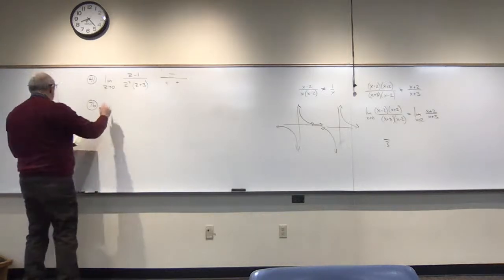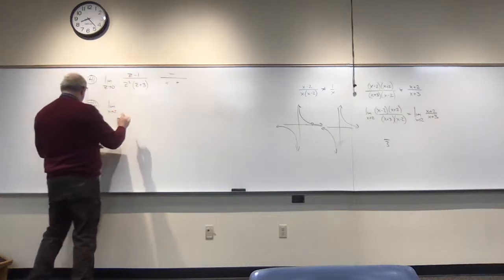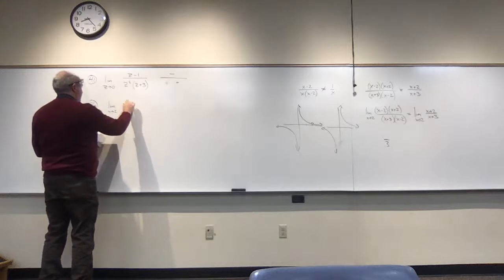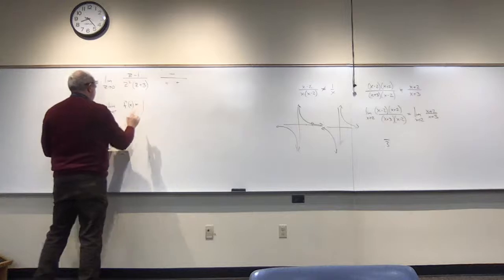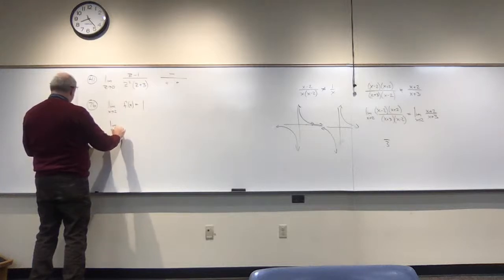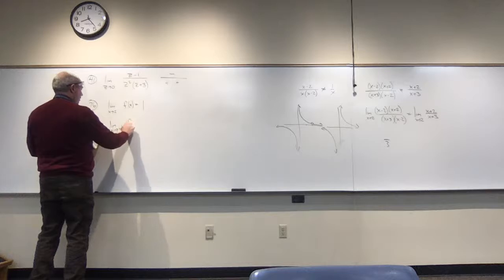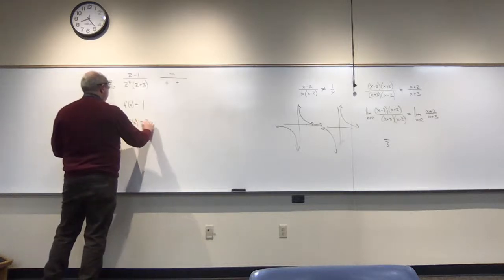So we've got the limit as x goes to 2 of f of x is equal to 1. We've got that the limit as x goes to 4 from the left of f of x is equal to 3.